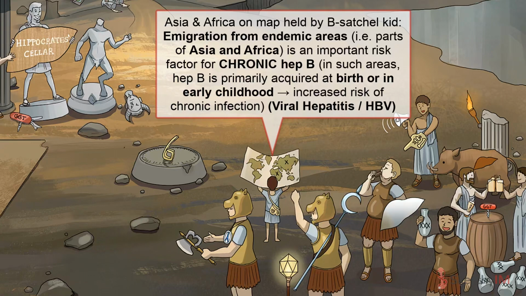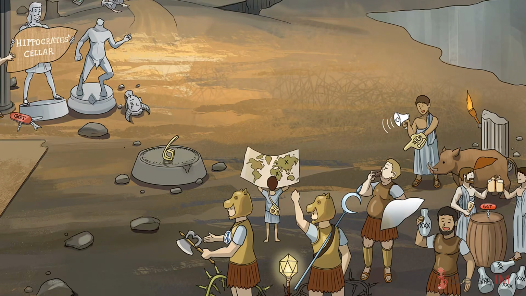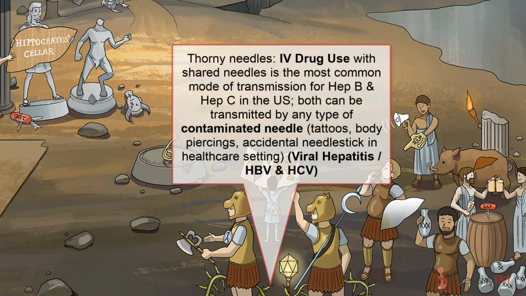In the U.S., patients who have emigrated from endemic areas represent more than half of the current chronic Hep B cases. Hepatitis C is also more prevalent in parts of Asia and Africa, but the vast majority of chronic Hep C in the United States is acquired on U.S. soil. Within the U.S., the most common mode of transmission for both hepatitis B and C viruses is via IV drug use with shared needles.